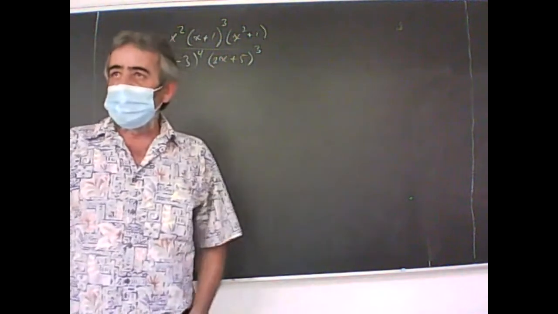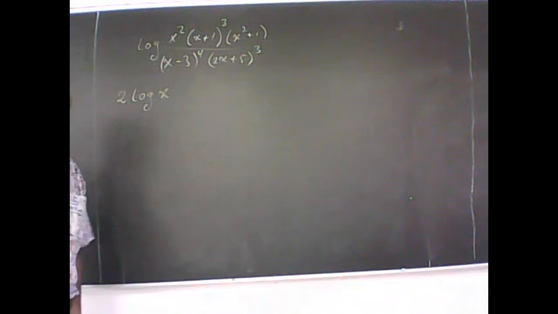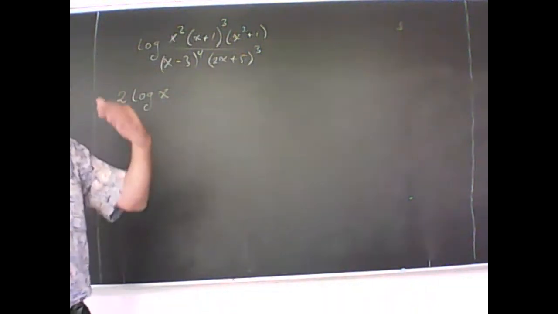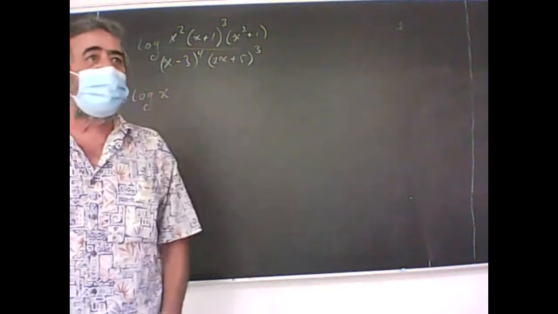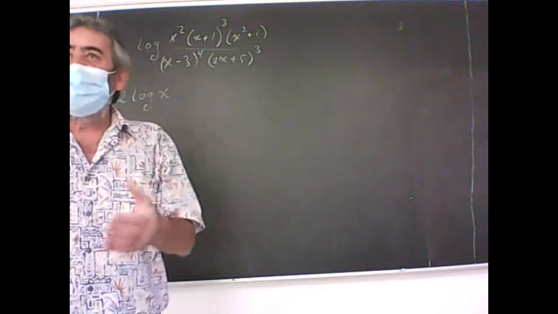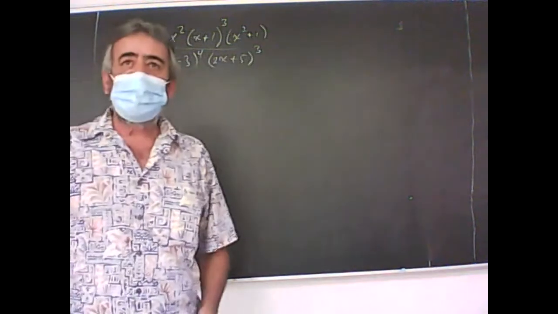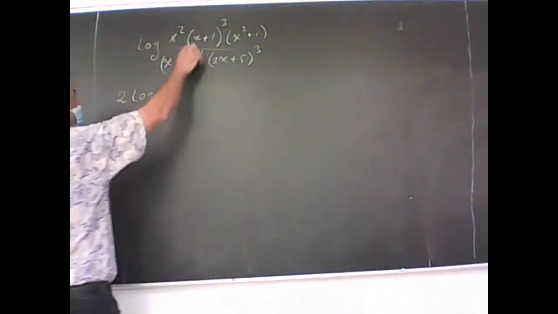Okay? So let's do the same thing for the rest of it. All the top ones will be positive. All the bottom ones will be negative. They all follow the same rule: the exponent in front, the base inside the log. So let's take a look at this factor.